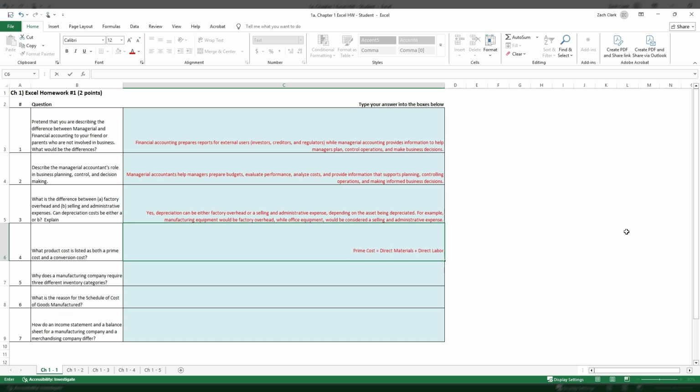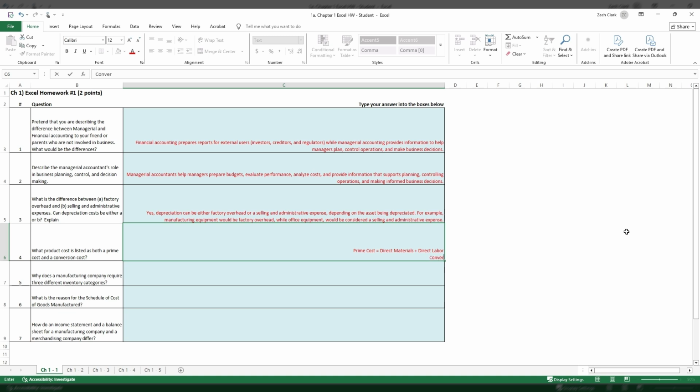When we say direct materials and direct labor, those are product costs like we just mentioned before. Direct materials are the raw materials that we use to create our products. And direct labor is work performed by individuals directly working on the product, like a worker on a factory line that's actually making the product. So those are prime costs.